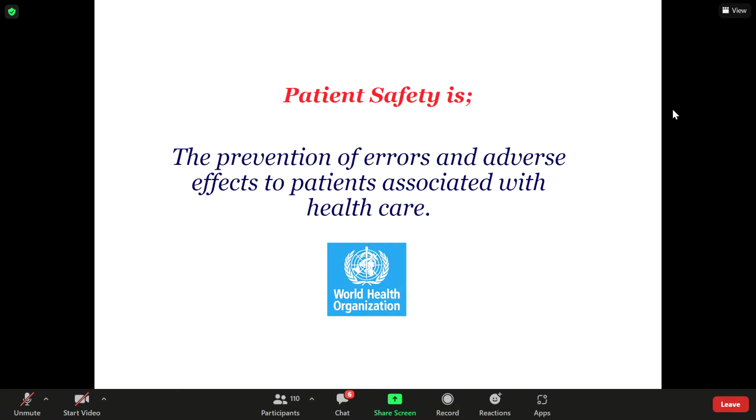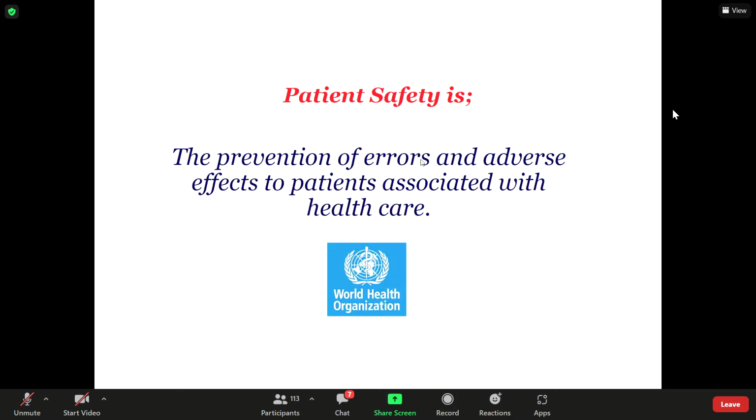Can anyone differentiate? Adverse events are the result of errors. Exactly. So that's why we always say not all errors have adverse effects or events, but all adverse effects come from a medical error. Clear? Okay.